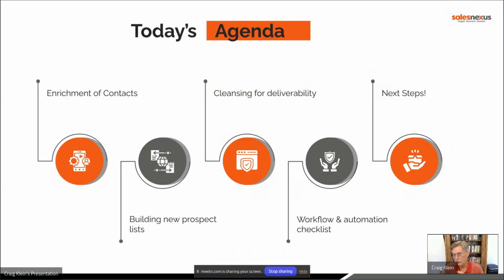And then cleansing those lists for email delivery, which is really a separate thing from validating the email, which a lot of the places that you buy lists will tell you they do, but I will get into that. At the end, we'll give you an overall step-by-step workflow for sourcing lists and maintaining them, and talk about next steps and how you can start to take action on this.